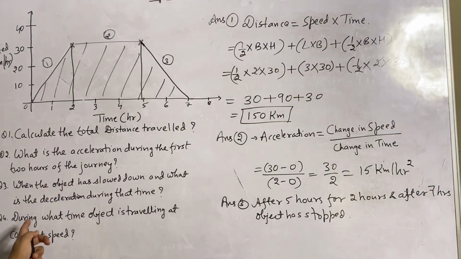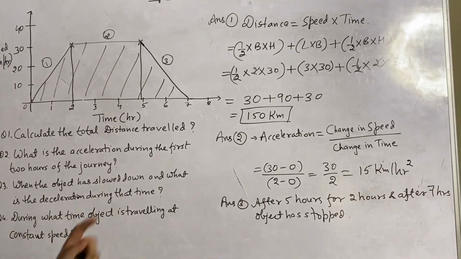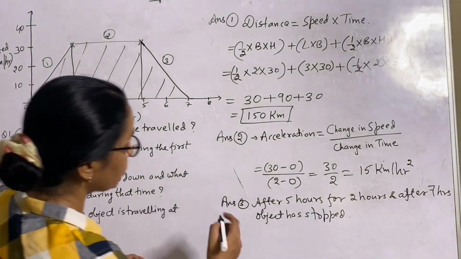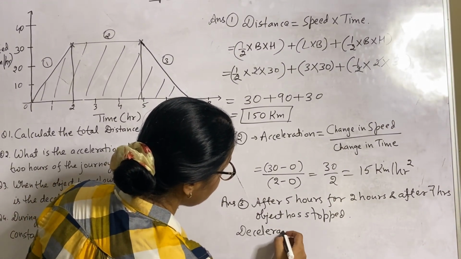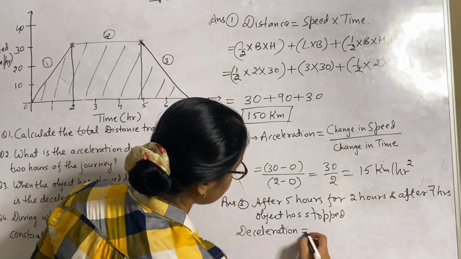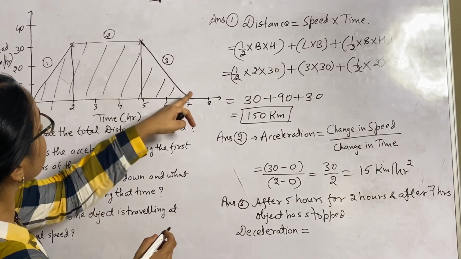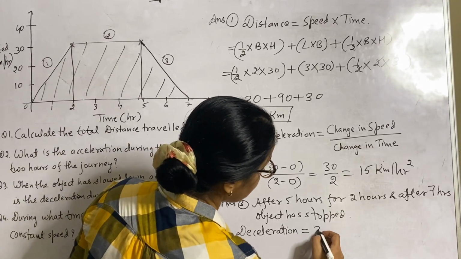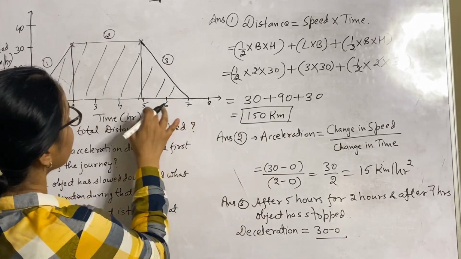Now, what they are asking is, what is the deceleration during that time? Deceleration is again the same, change in speed over change in time. Change in speed is from 30 to 0. So 30 minus 0 again, and 7 minus 5.